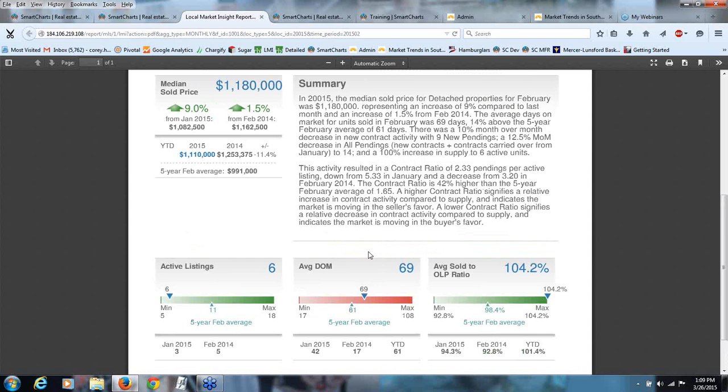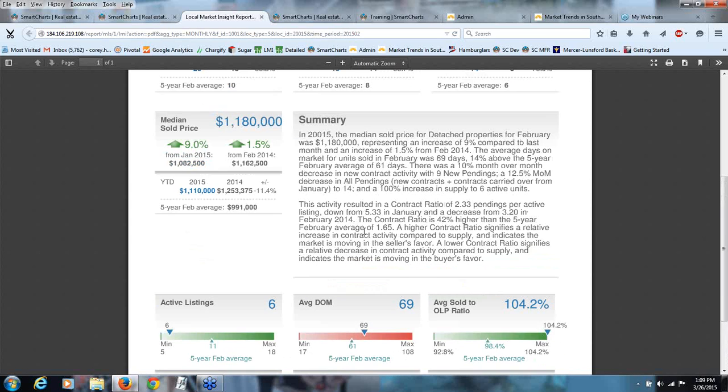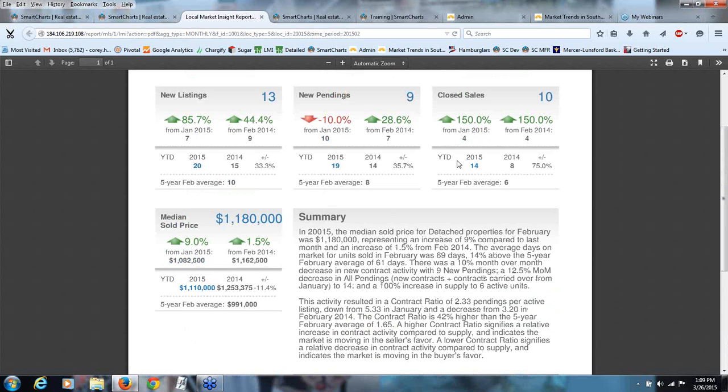There probably was one with an extremely long list time, which can skew the average. Sales are up, and listing activity, while it's up, active inventory is still not satisfactory for demand. So that's just an example of the types of stats you can get into as an appraiser if the bank comes back and asks for substantiation of a given market.